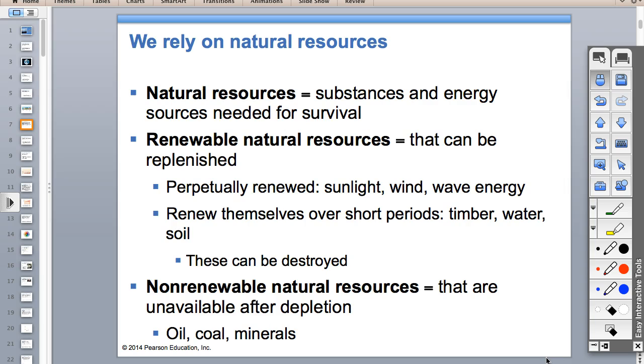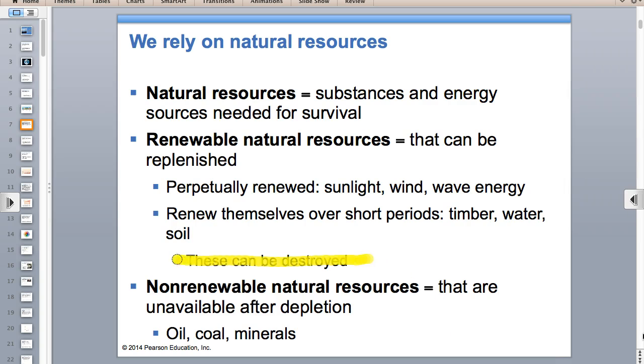Some of the things that renew over short periods can actually be destroyed, and when they're destroyed, they're then non-renewable. Oil, coal, natural gas, and minerals are always non-renewable, no matter our rate of usage. We're not getting any more of those things. So it's probably important to put that. The defining feature of renewable: they renew themselves over a short period of time, or they're perpetually renewed.